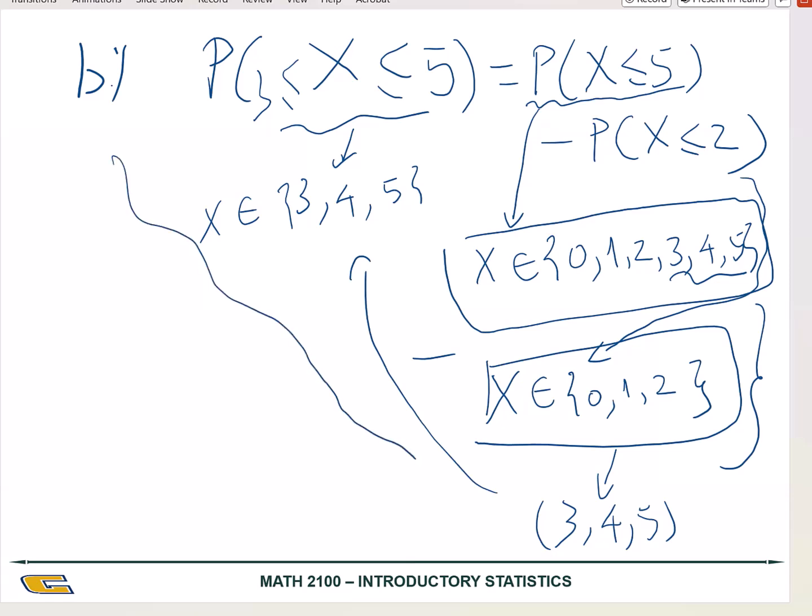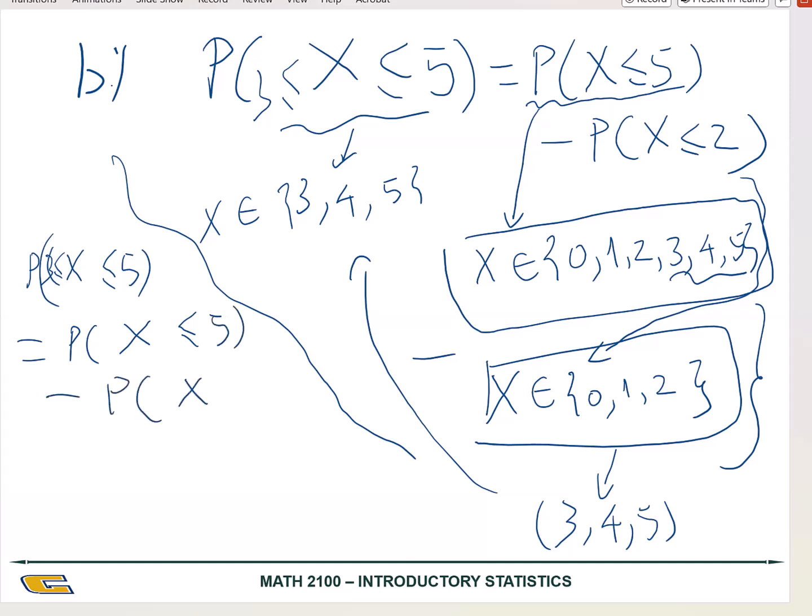Another way you can look at it is that you can use this relation here. Probability of 3 to 5 equals probability of X less than 5, subtract probability of X less than 3.